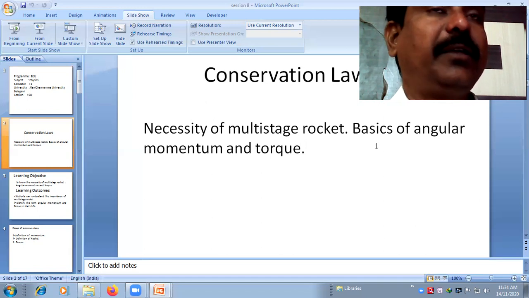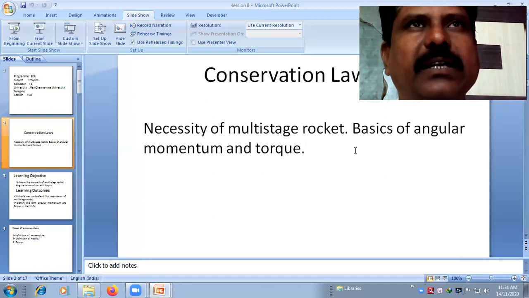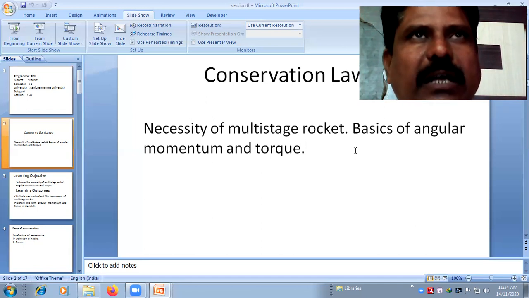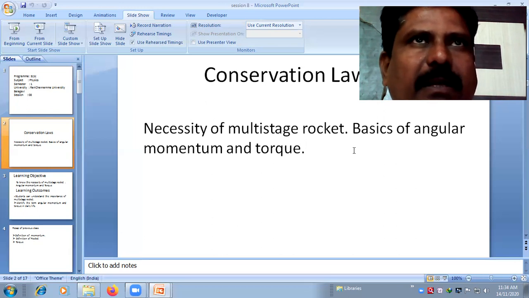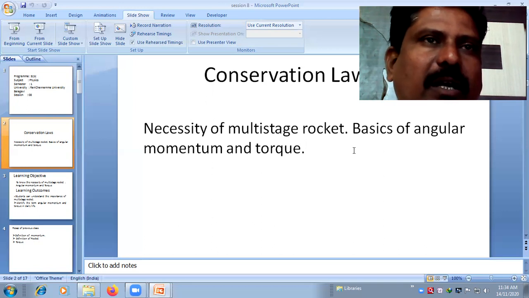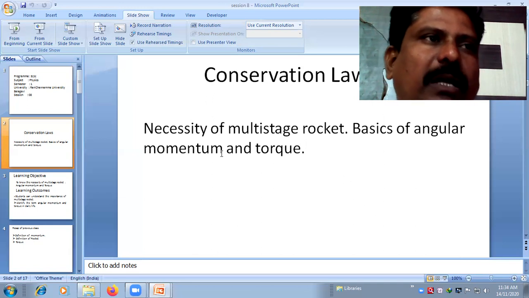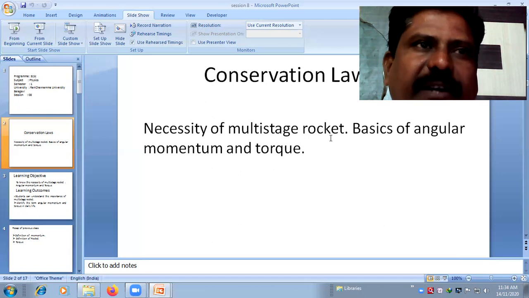This is the importance of adding more engines, or stages, of a multi-stage rocket. This is the main purpose of adding rockets in any number, so that you get higher velocities. So this is about the necessity of multi-stage rockets.